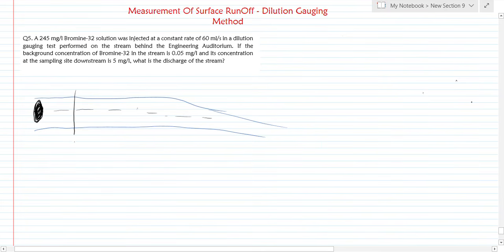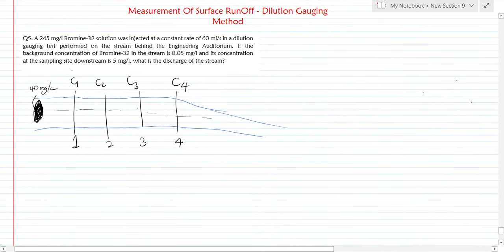Then we sample at intervals to obtain the concentration at various points. Let's assume I have a substance whose concentration was 40 milligrams per liter.